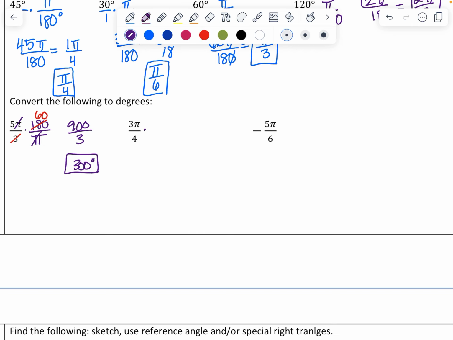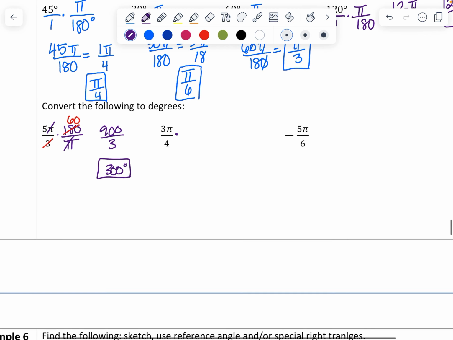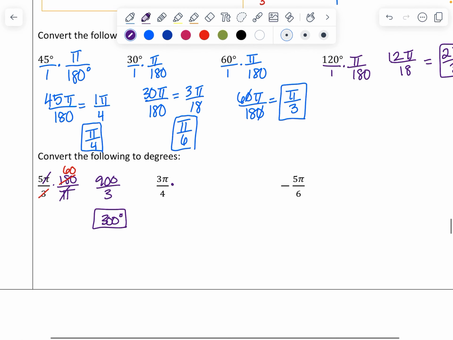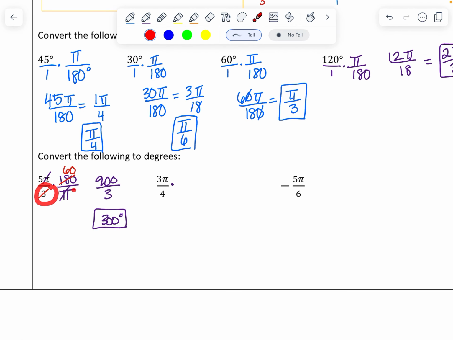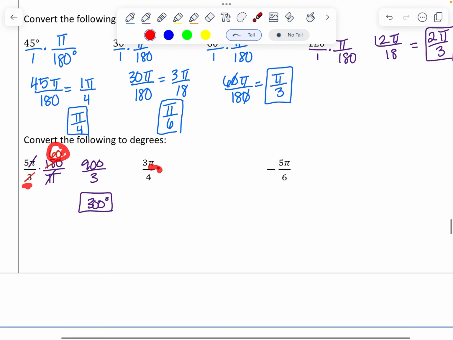So 3 pi over 4, it's ending. Notice that the previous one was over 3, so it is a factor of 60, because pi over 3 is 60 degrees. This one ends in 4, so it should be a multiple of 45 degrees, 135 to be exact.